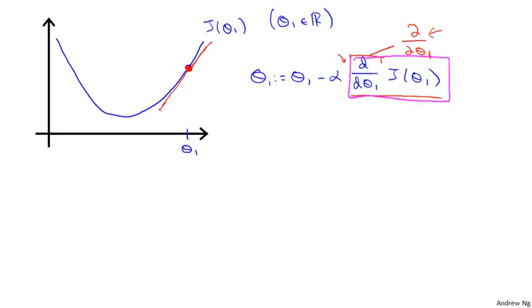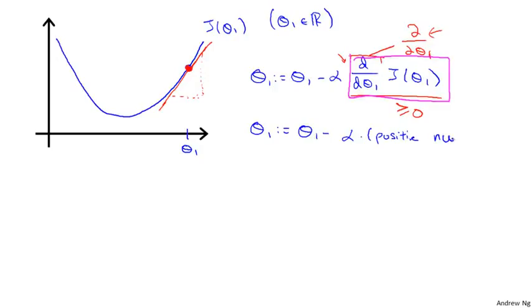Okay, and the slope of a line, of course, is just this height divided by this horizontal thing. Now, this line has a positive slope, so it has a positive derivative. And so my update to theta is going to be theta 1 gets updated as theta 1 minus alpha times some positive number.